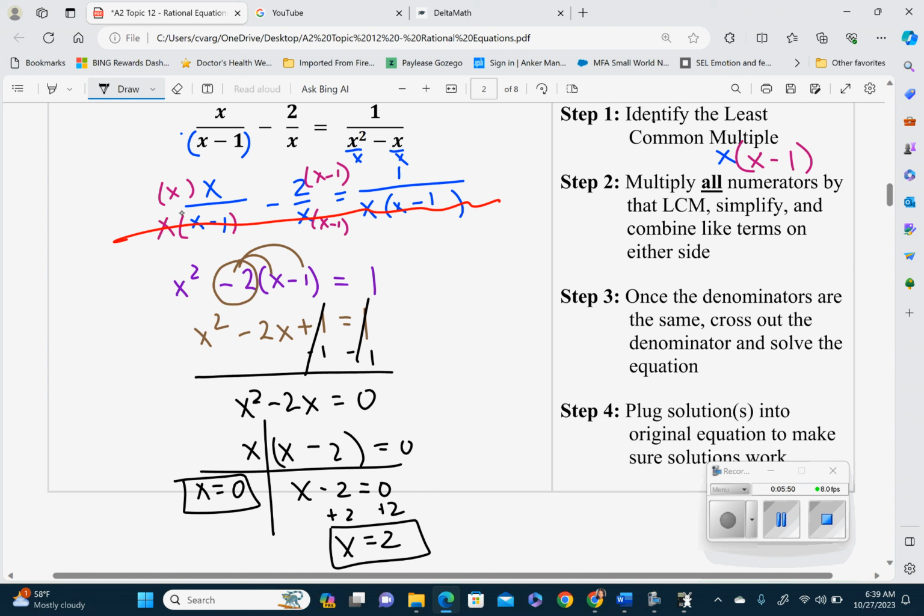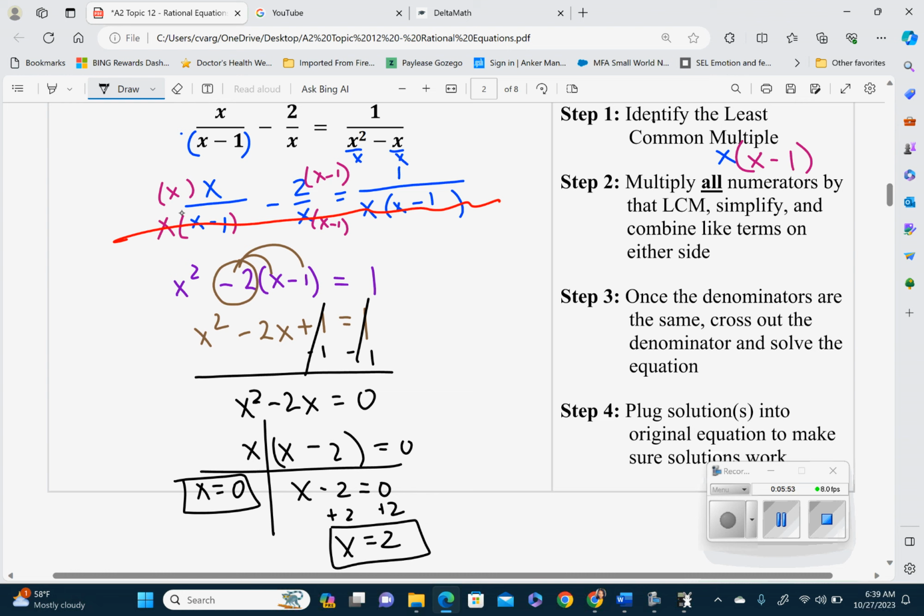So now what we're going to do is what we did before: we're going to store this x equals 0, go back to the original, plug this in right here in black, and see if they are the same, and they will not be the same. I want you to actually do it. Do not take my word for it. They are not the same. So x equals 0 does not work. I need to put that down.